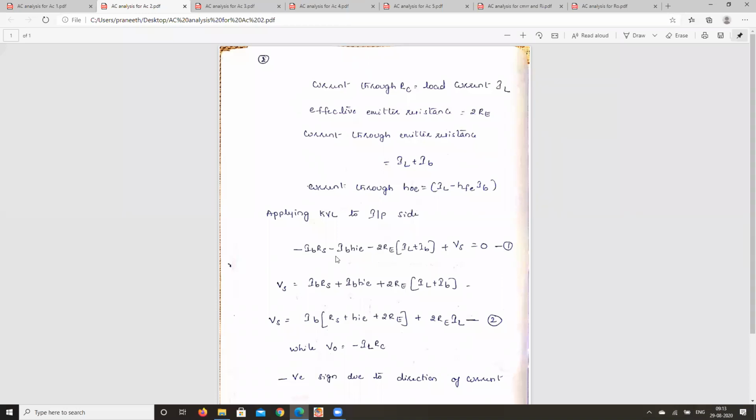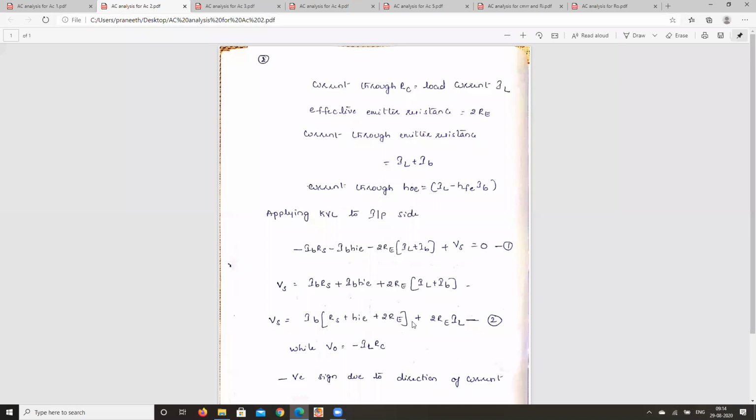Let me read it: minus IBRS minus IBHIE minus 2RE into (IL plus IB) plus Vs equals 0. So we rewrite it as Vs equals IBRS plus IBHIE plus 2RE into (IL plus IB).